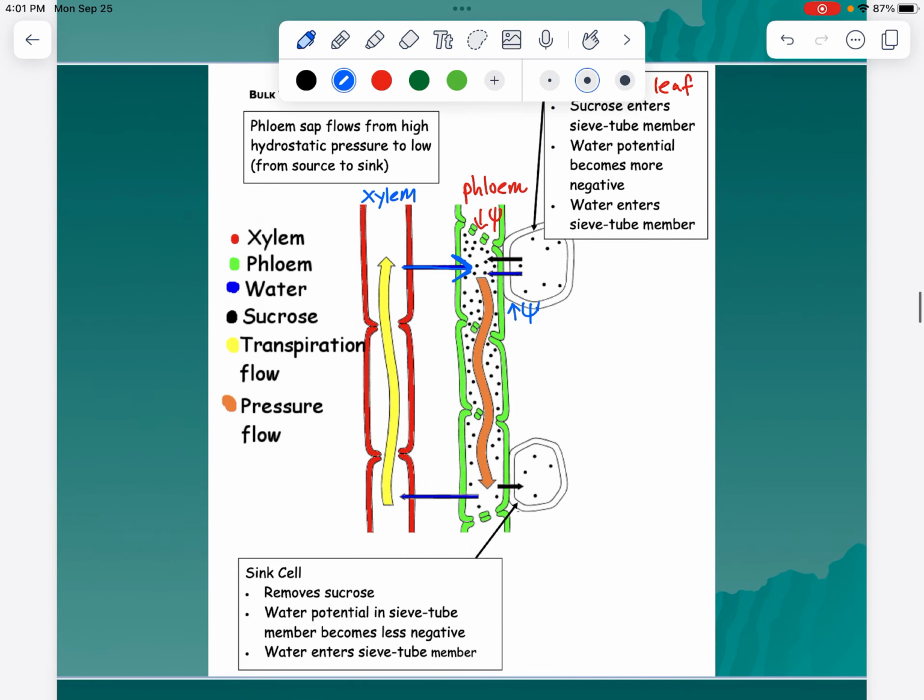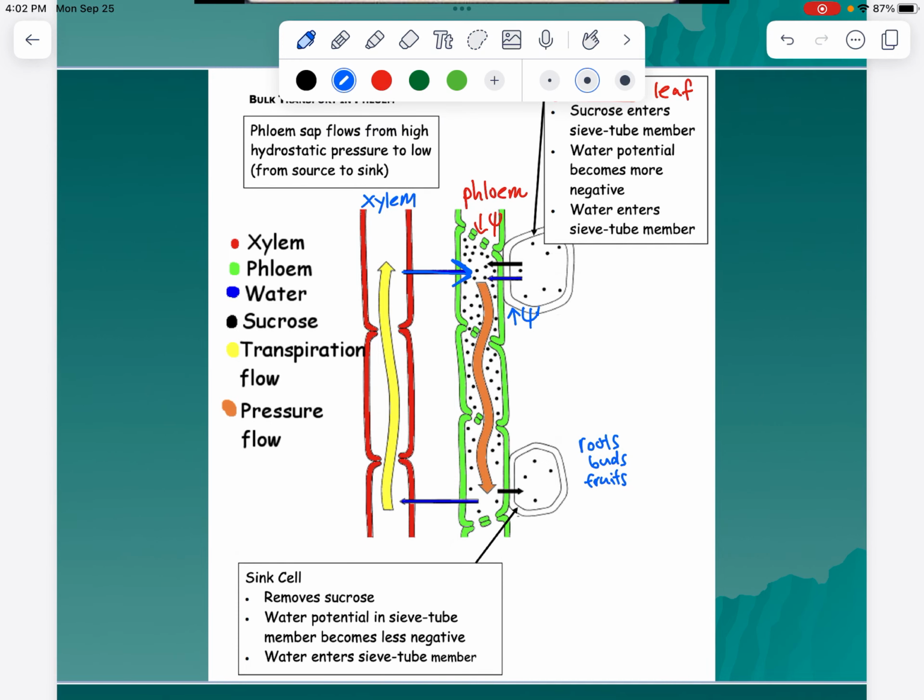So now let's talk about what happens in the sink cell. So here's a sink cell that consumes more sugar than it makes. So things like growing roots, growing buds, fruits, all of these are sink cells.